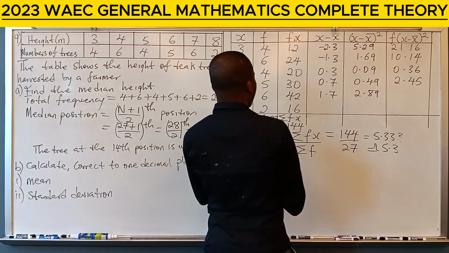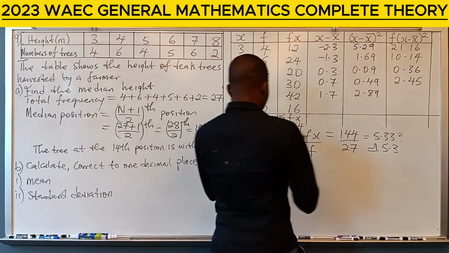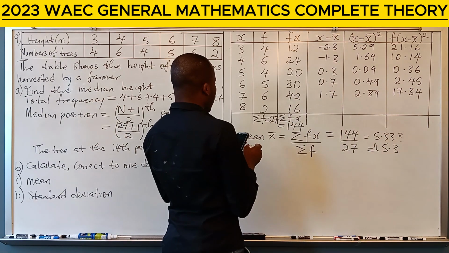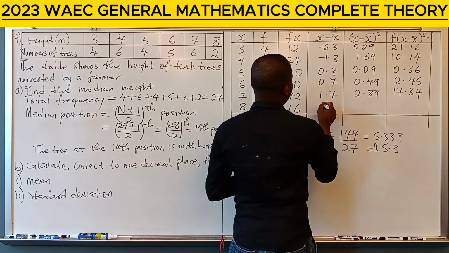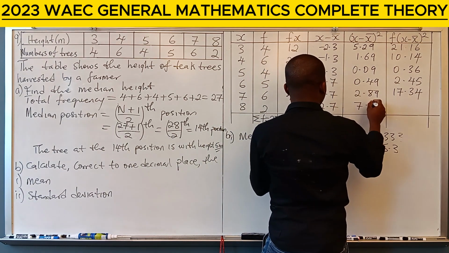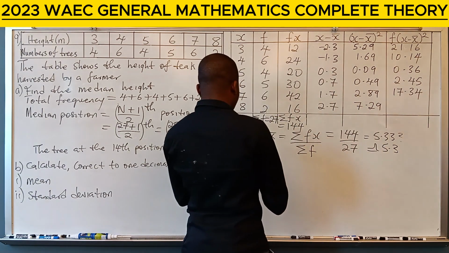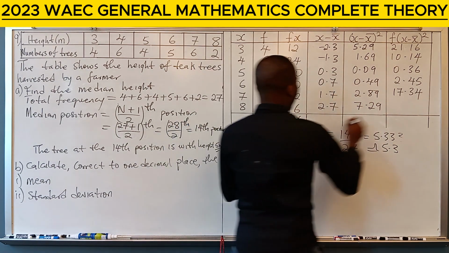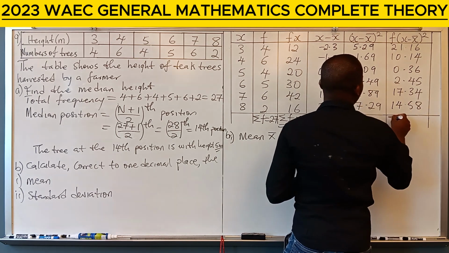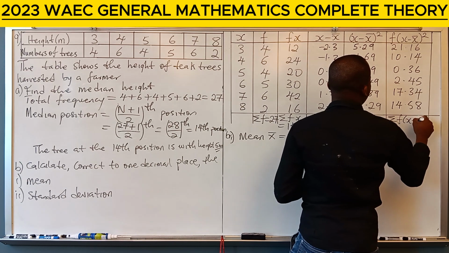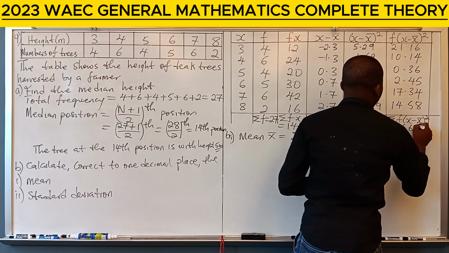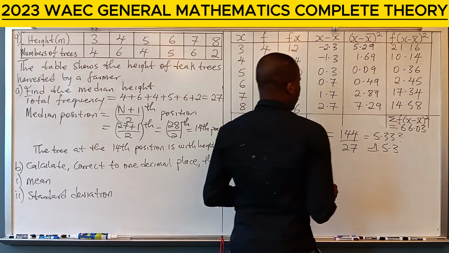We multiply it by the frequency, which is 6, we have 17.34. 8 minus 5.3 is 2.7. If we square it, we have 7.29. We multiply it by the frequency, which is 2, we have 14.58. If we sum this all together, we have 66.03.